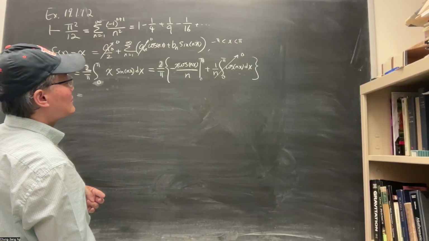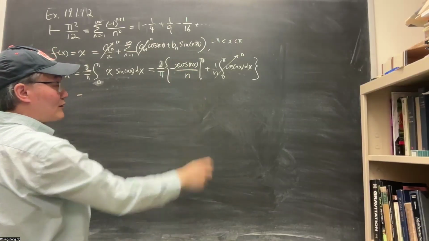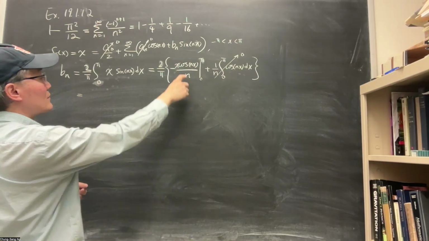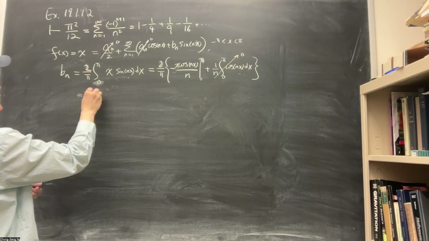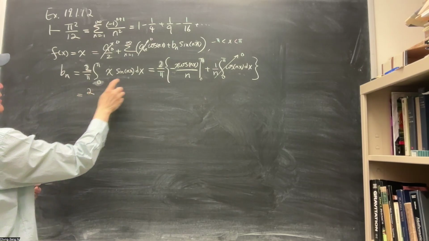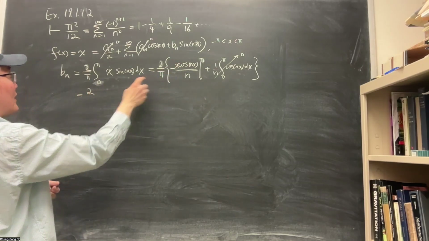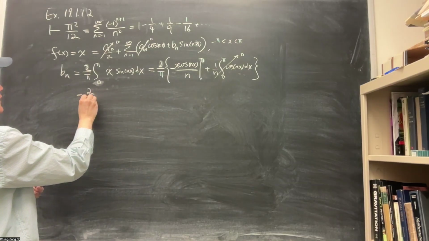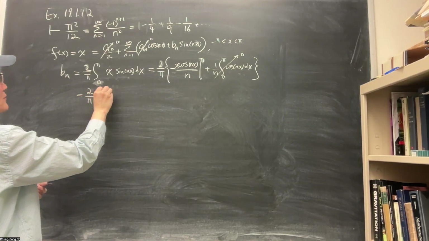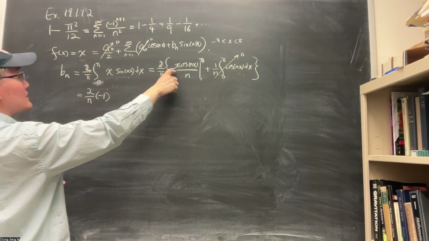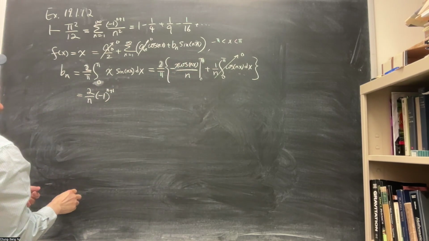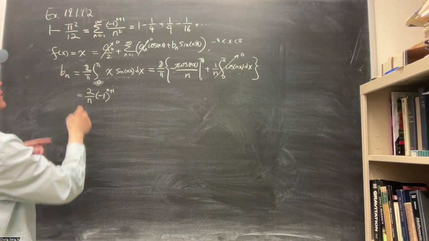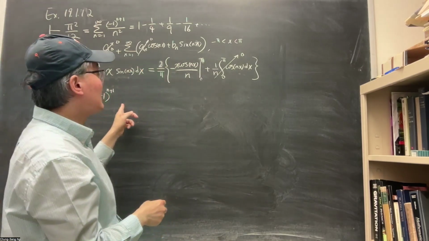Combined with the negative sign, and the pi canceling with the 1 over pi, you have b sub n equals 2 over n times minus 1 to the n plus 1 power.